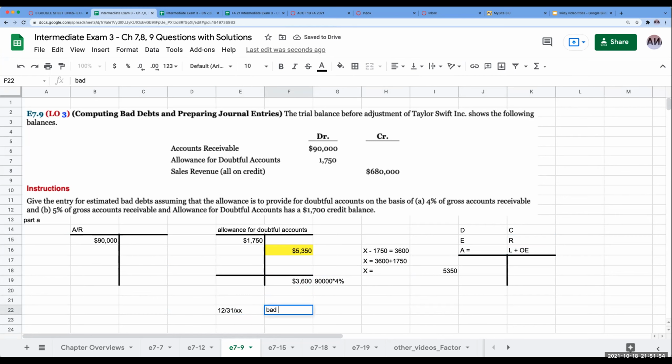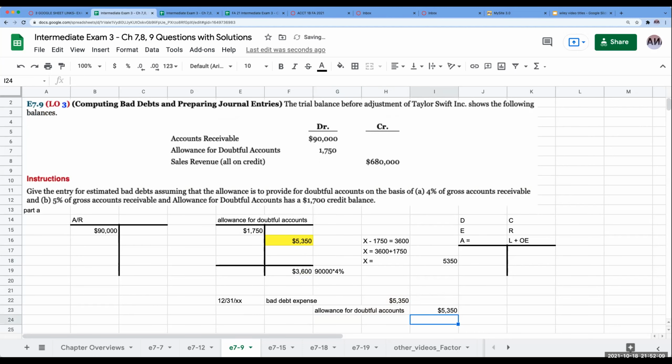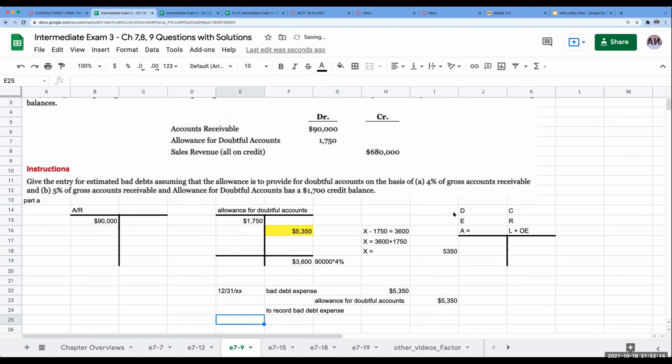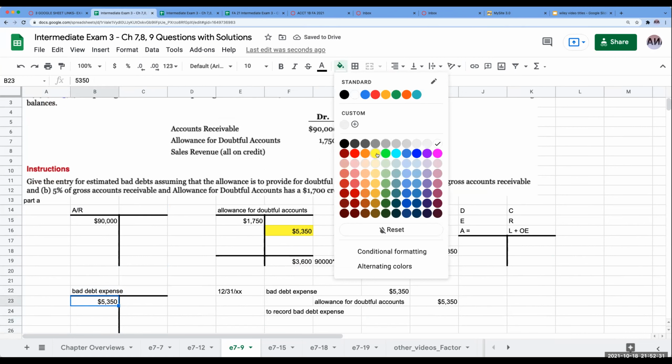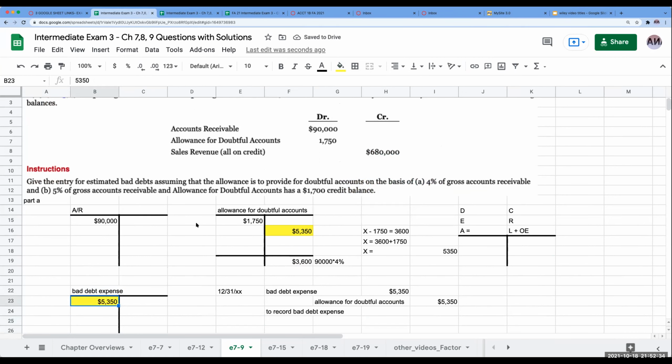I'm going to debit bad debt expense for 5,350, and then credit the allowance for doubtful accounts for 5,350. Just so you know, when I'm crediting this account to balance it, what I'm really doing is debiting bad debt expense for $5,350. Okay, so that's how we do part A.